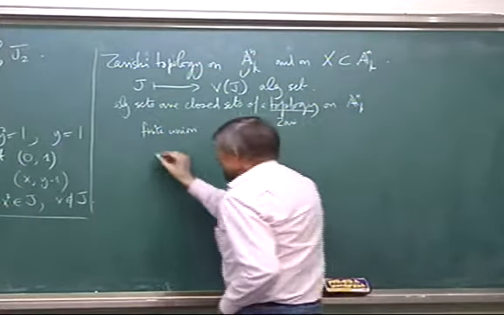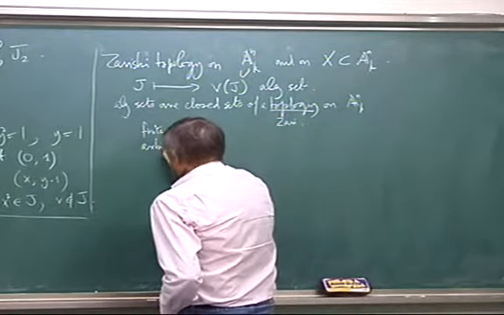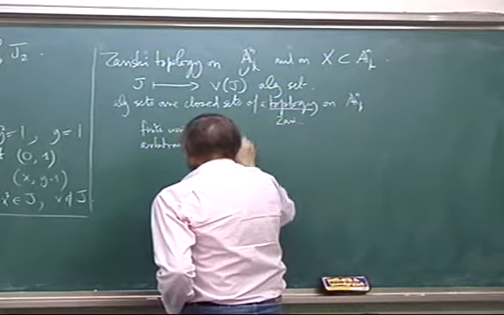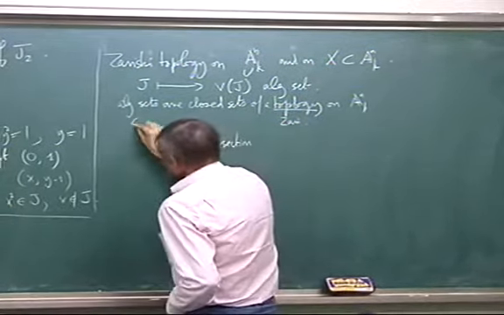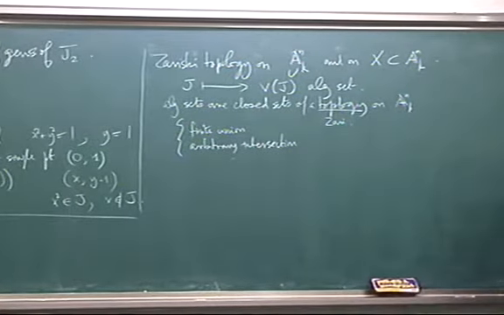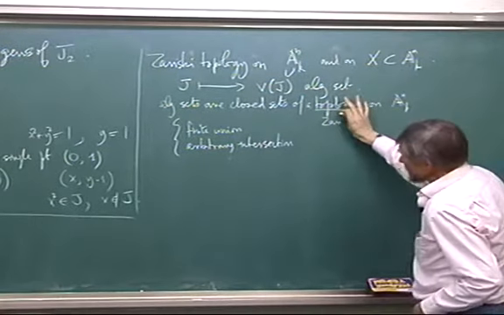And then arbitrary intersection. These are just very formal properties, and they allow us to say this is a topology.